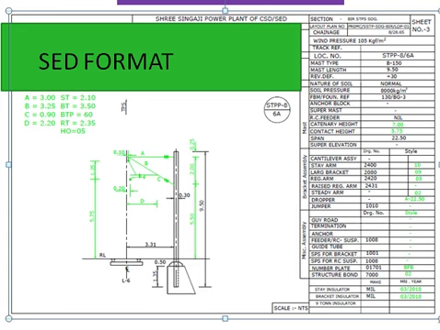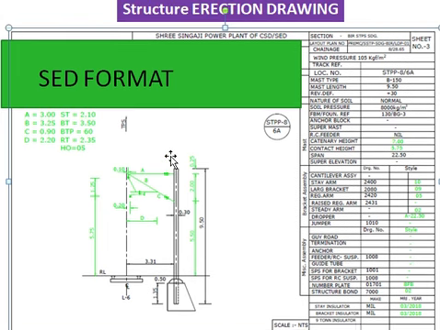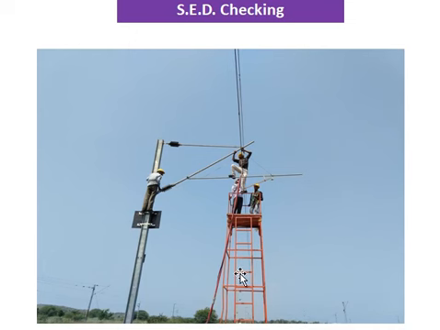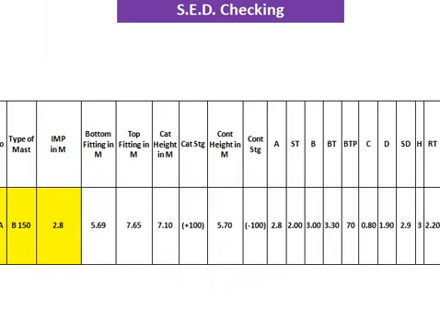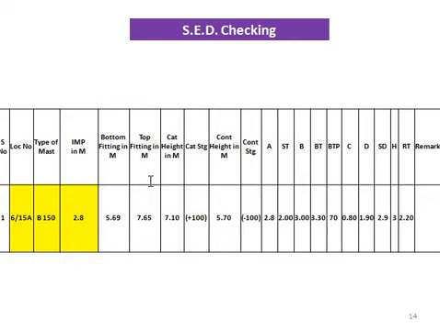Hope it is clear. And for making the as-built site erection drawing, we used to measure all these dimensions with the help of a trolley. This is a site photograph for SED checking, and this is a register format which we used to maintain for SED checking.